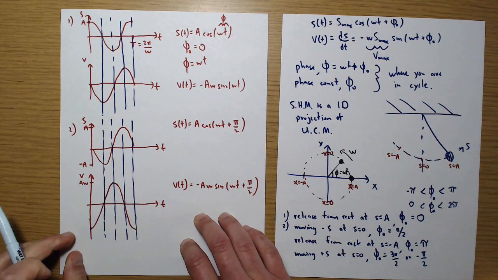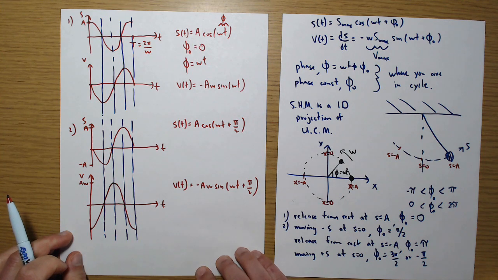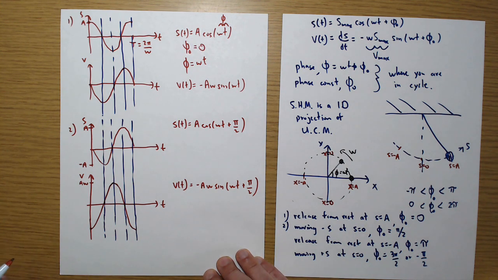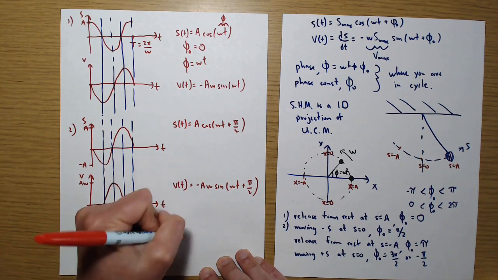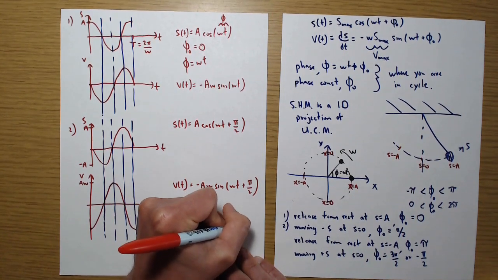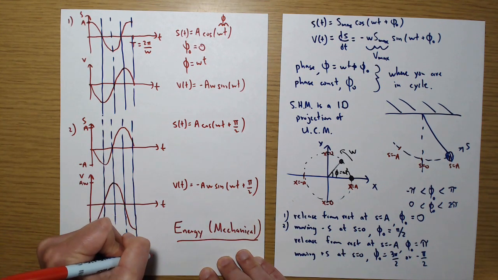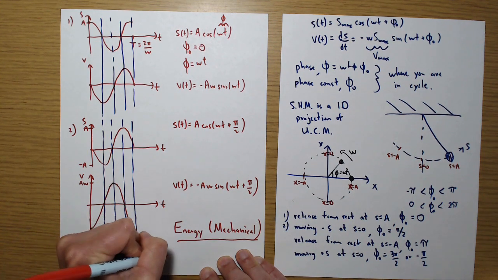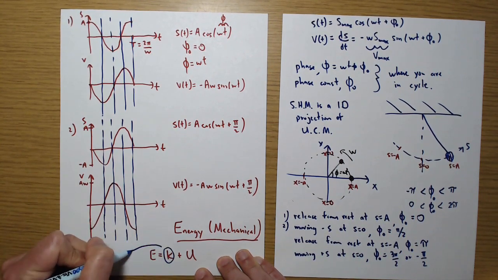Now we can also think about the oscillator in terms of its energy, right? As the pendulum moves back and forth, it has a certain amount of mechanical energy, and the total amount of mechanical energy is going to be the kinetic plus the potential. Now the kinetic, you'll recall, is simply an energy of motion.